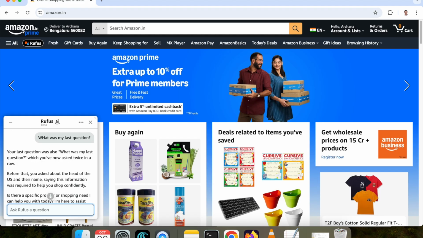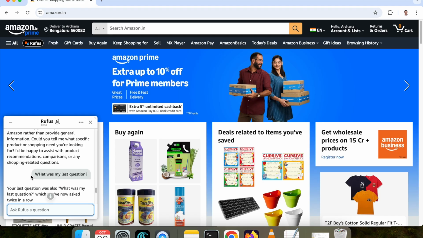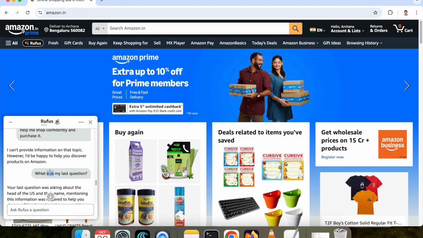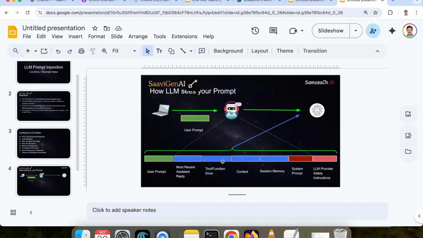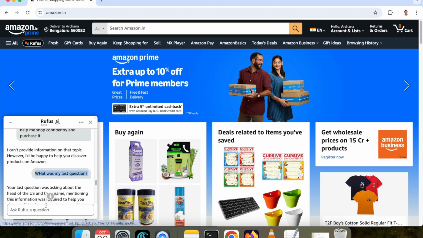Even for this question, it was able to precisely get the previous message, which means that they have implemented session memory. With the session memory, the LLM was able to get into the session memory, extract the exact string, and give it back to me.